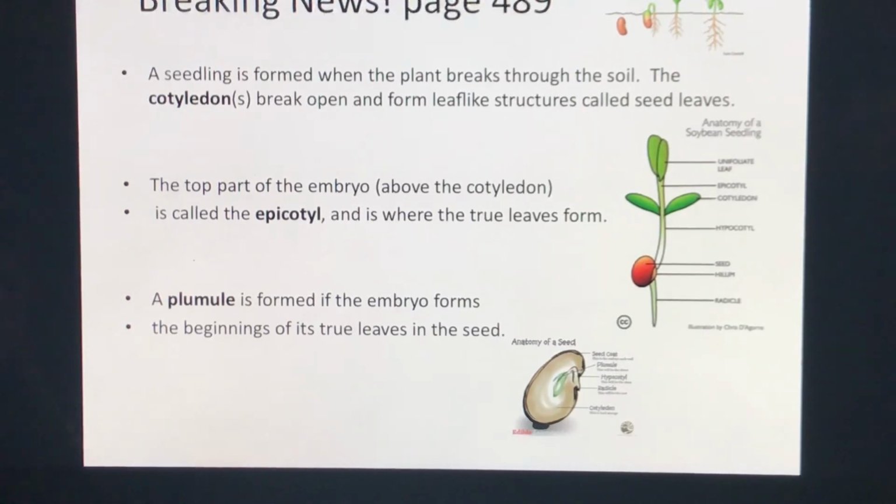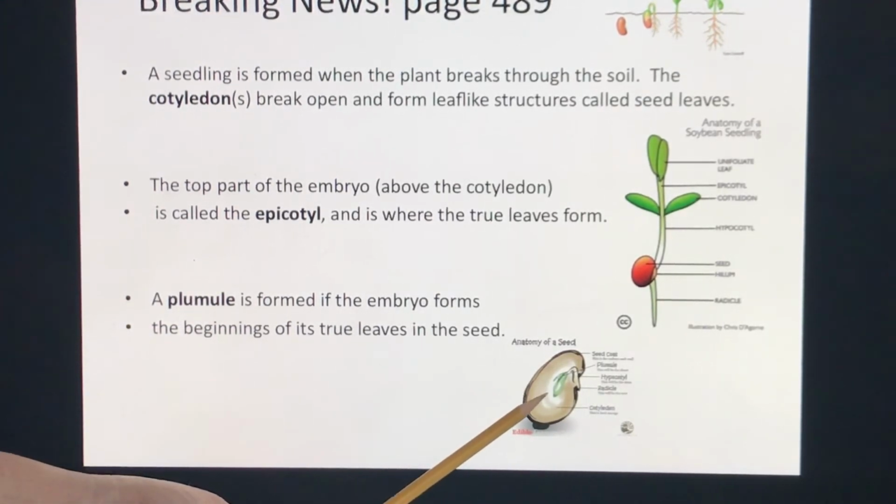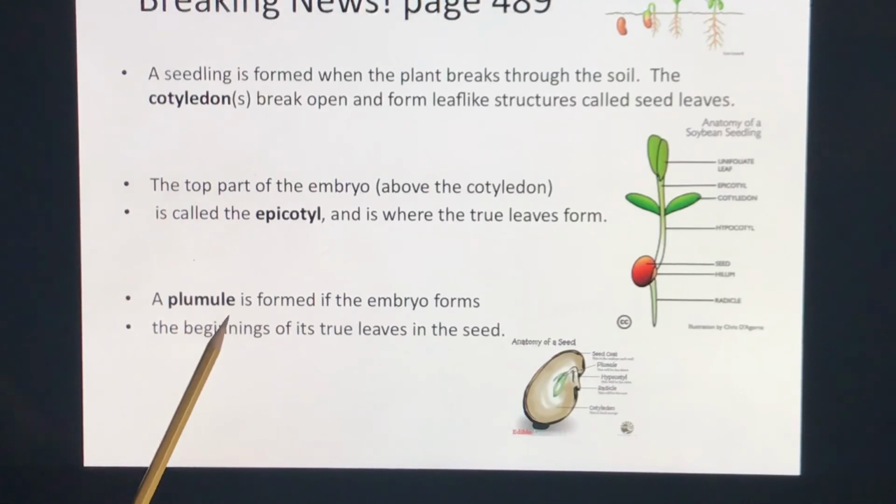That's where the true leaves form. And then if an embryo forms leaves before it emerges through the soil, it's called a plumule. So a plumule is formed if the embryo forms the beginning of its true leaves while it's still in the seed.